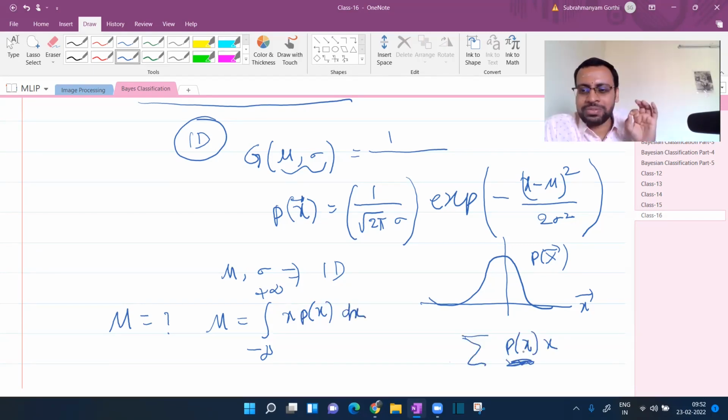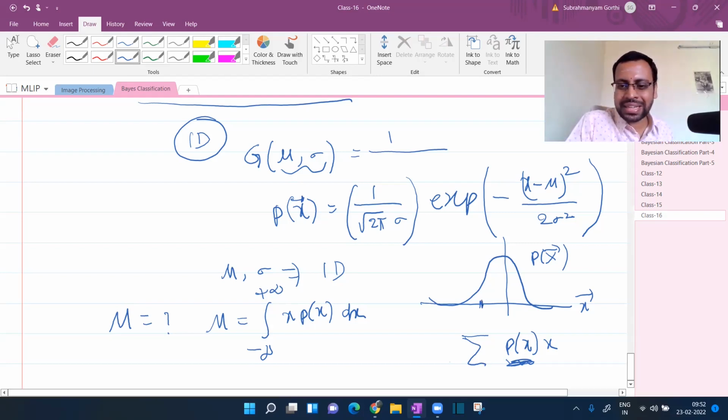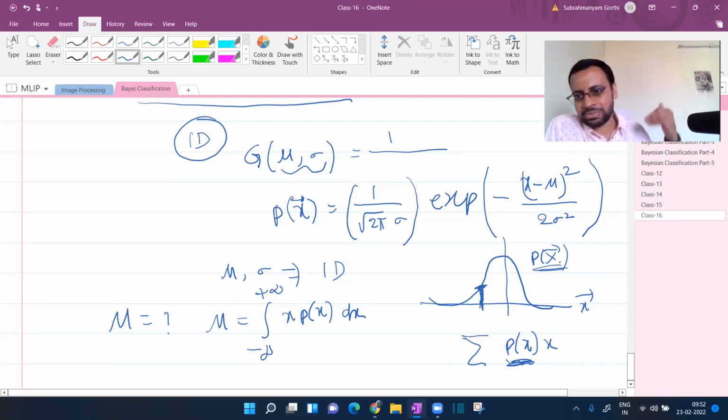If I give you a distribution and you need to compute the mean value, all you do is integrate from minus infinity to plus infinity x into P of x into dx, counting how many are taking this value. Of course, the normalization is there in P of x bar, as the area under it is 1.